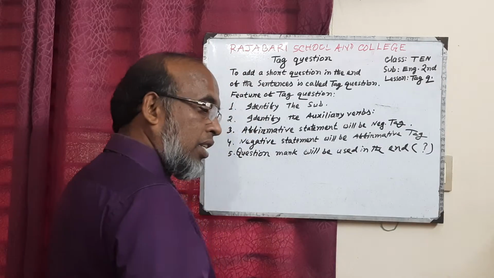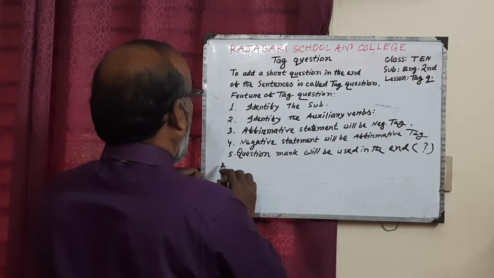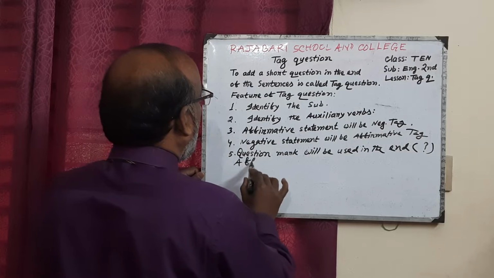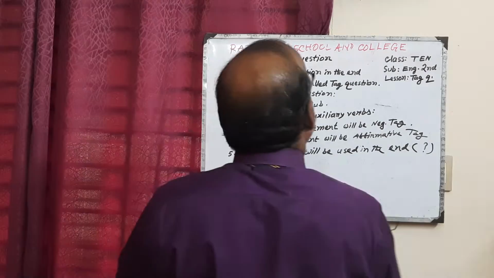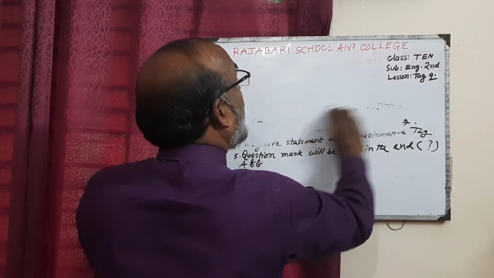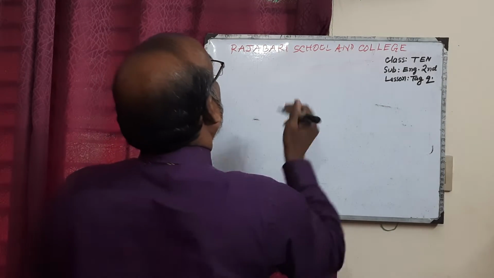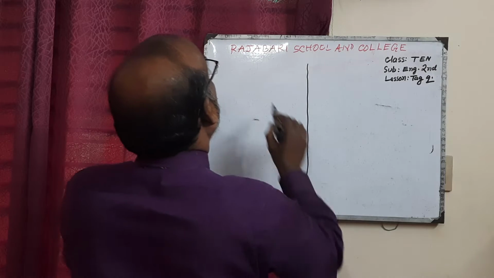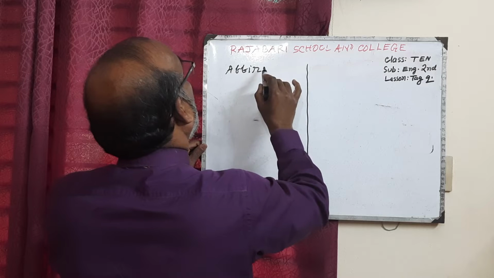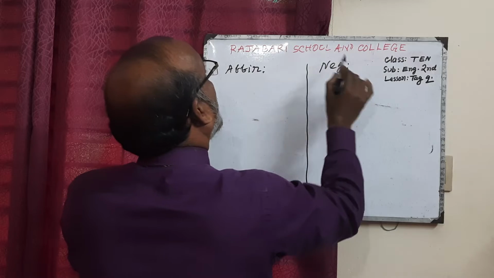Some auxiliary verbs, which are affirmative form, you can see affirmative auxiliary and negative auxiliary.